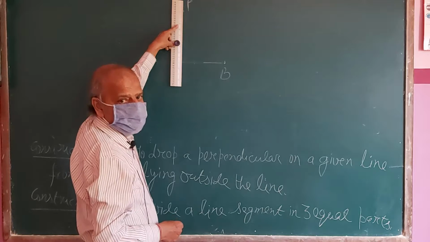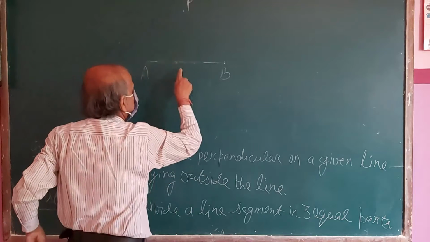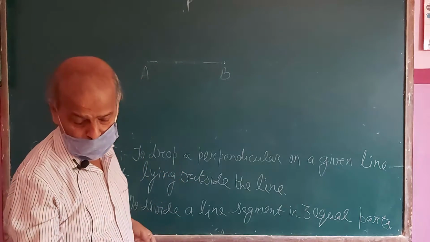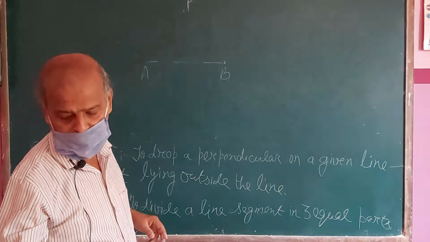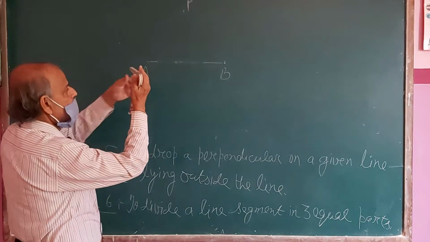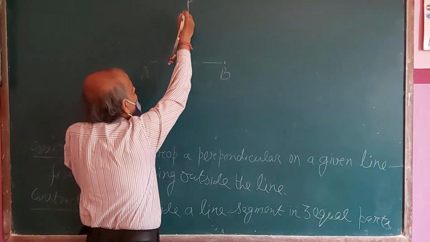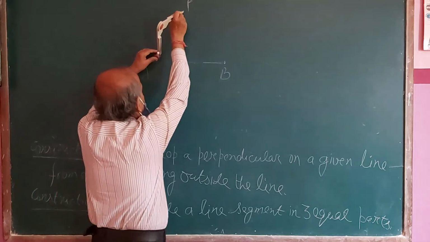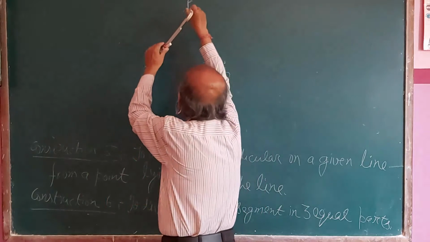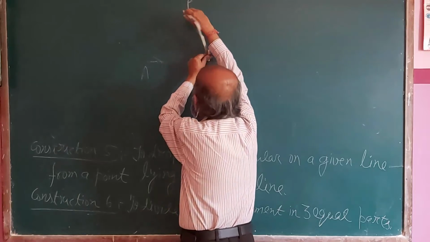You have to do it in a proper scientific and geometric way. It should be perpendicular to AB. There are two methods. I am dealing with the first method. Look at me, put your steel end at P and draw an arc, and your length should be extended so much that it cuts the line segment at 2 points.